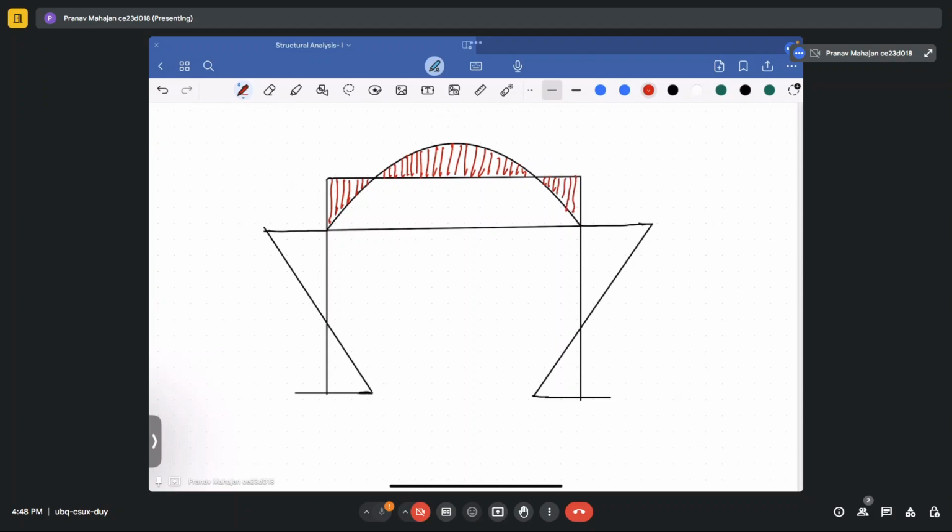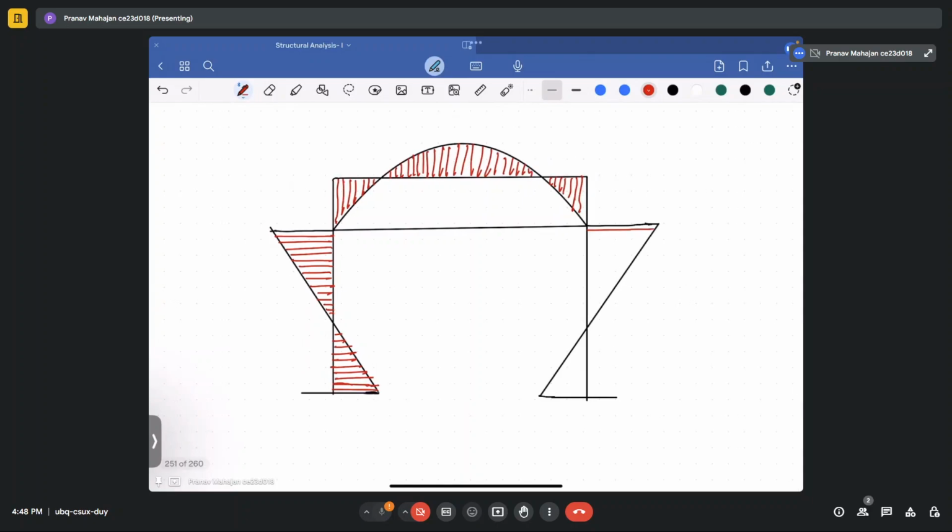So your shaded area is the bending moment profile for this frame, which is the sum of the end moments as well as the applied loads that is there in the span BC.